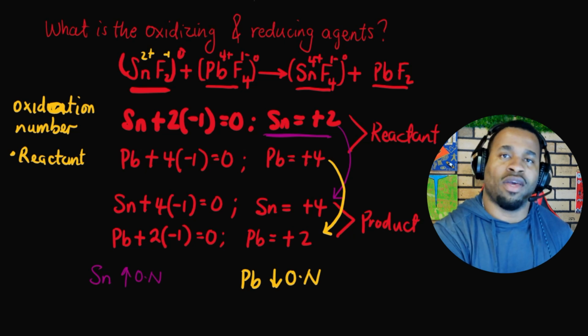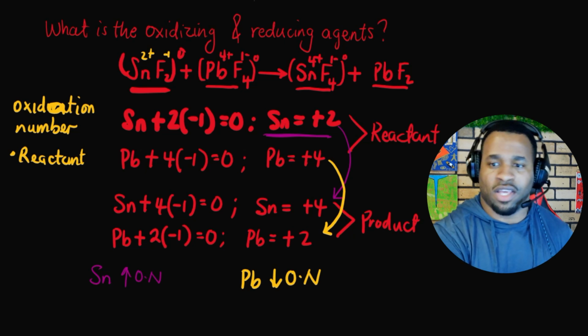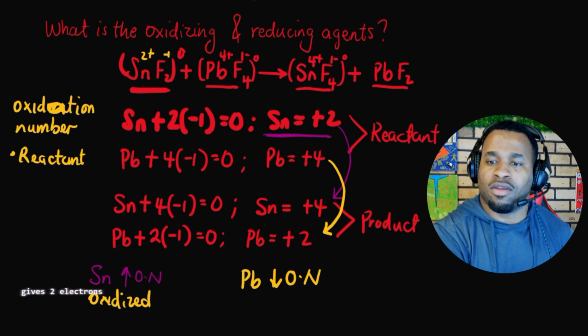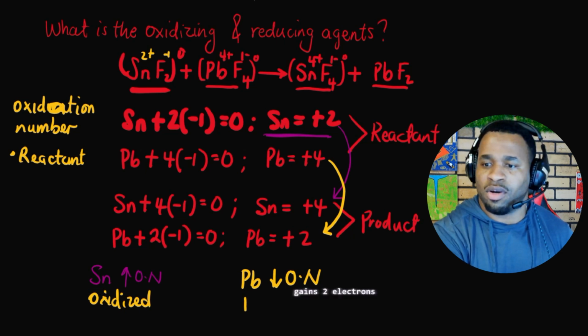For the oxidation number to increase, that species is oxidized, and when there's a decrease, the species is reduced.